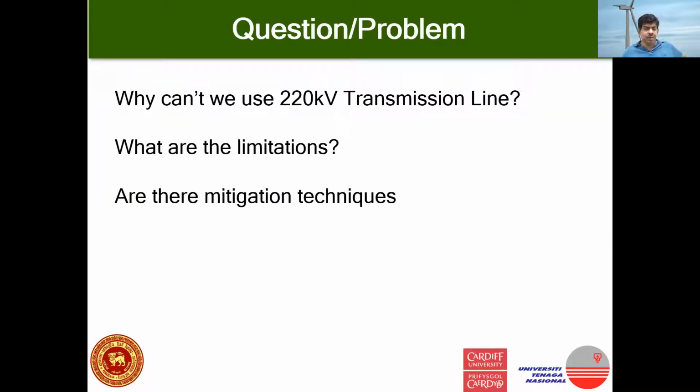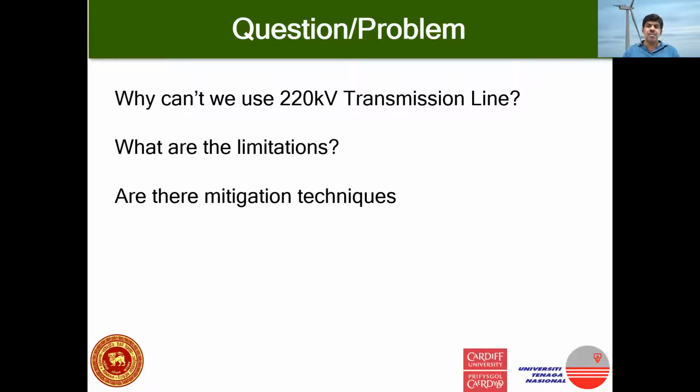Now, the primary question one may ask: CEB came up with 400 kV. Why can't we use 220 kV? What was the limitation? Are there any mitigation techniques that allow us to stay with 220? Remember, immediately after we go to 400 kV, the towers become taller, and the protection and all the other issues become different.